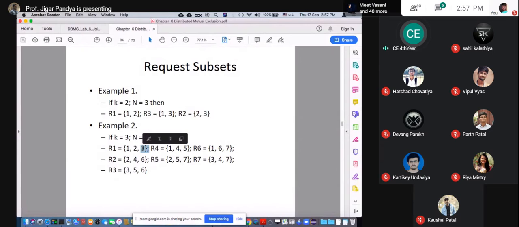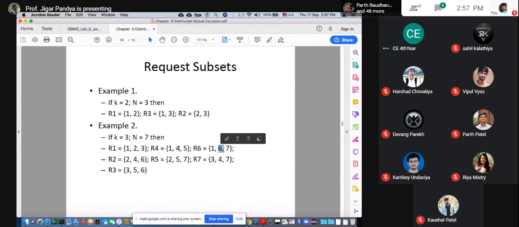Let's talk about site 3. Let's say site 3 also gave the go signal to site number 2. That means sites 4 and 7, as well as 5 and 6, will not go inside the critical section.